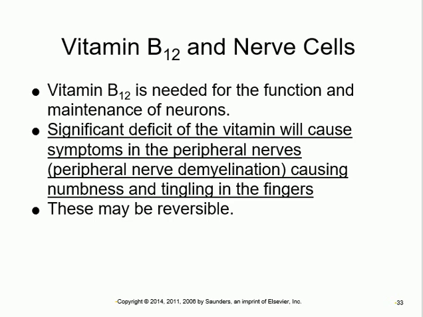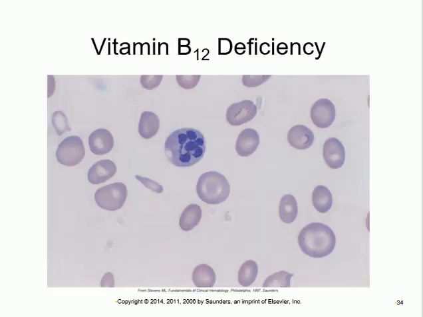So for vitamin B12 deficiency, which is the pernicious anemia, you don't only have a problem with the red blood cells themselves, you also have a problem with your nervous system, because vitamin B12 is important for the function of the nervous system. Look at these cells and compare them to the other ones. Does it look bigger? Right?